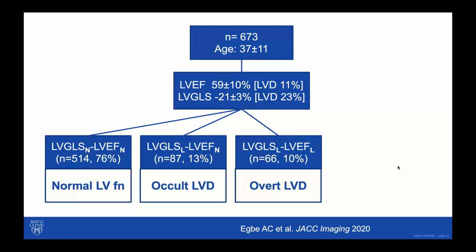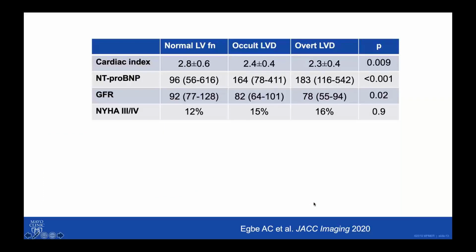And just to make things simple, we call the people that had both indices normal as normal. If your GLS is low and your EF is preserved, we call it occult LV dysfunction, such as the patient that I presented that had EF of 54% and GLS of -15. And if both of them are decreased, we call that overt LV dysfunction.